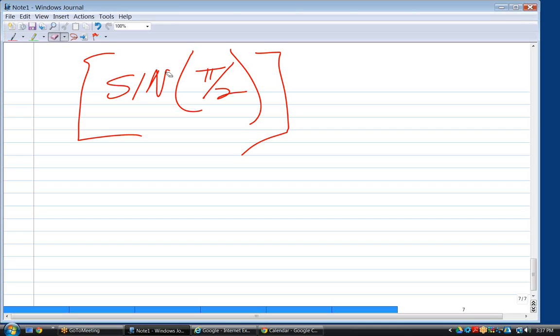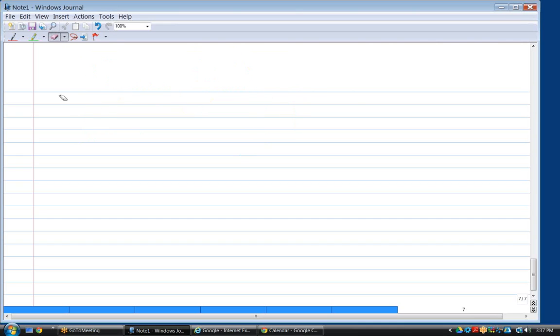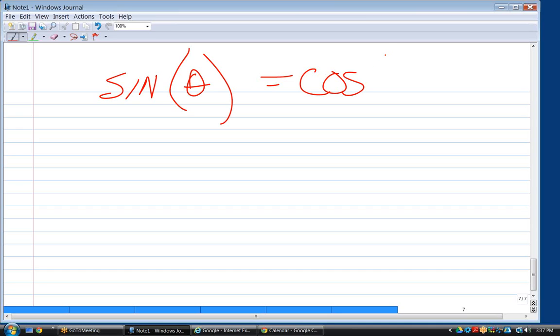Now, there are some cofunction relationships that I suspect it's talking about. Let's talk about those. What's the cofunction of sine? Cosine. Tangent with cotangent, and secant with cosecant. Right.